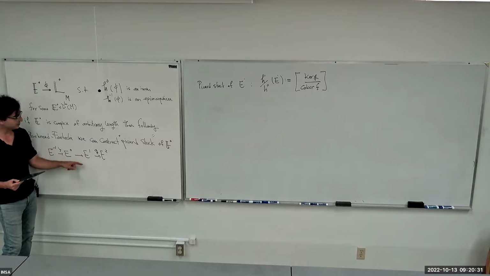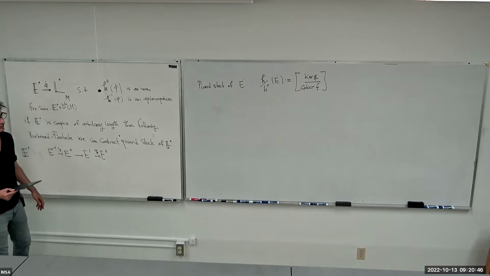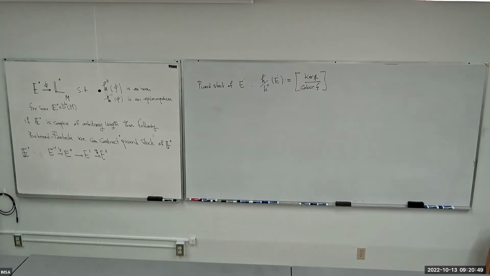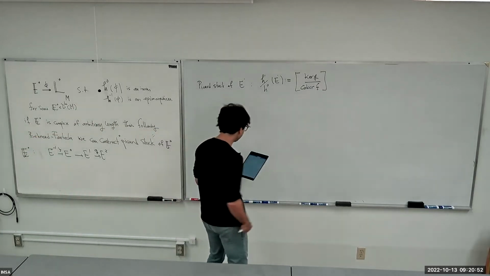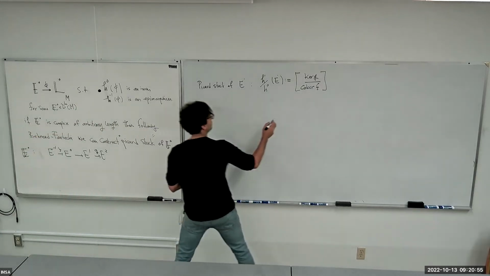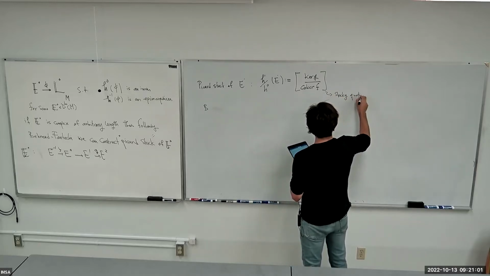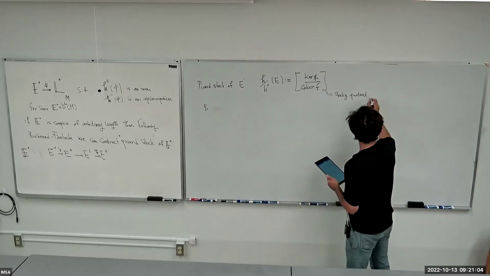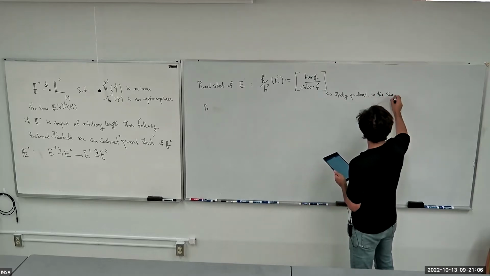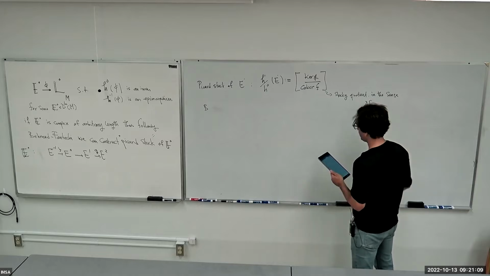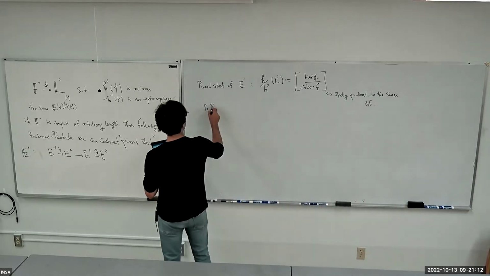So H1 happens in here. It's the kernel of this map divided by the image of this map, and in H0 you can see the kernel of this divided by that. But the quotient between the two is going to be the kernel of this map divided by the image of it, the cokernel of F. Okay. So Behrend and Fantechi, and this is a stack quotient, in the sense of Behrend and Fantechi.